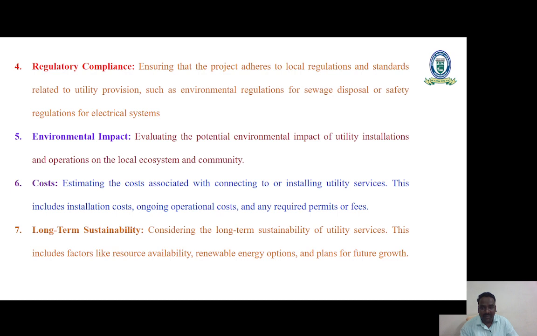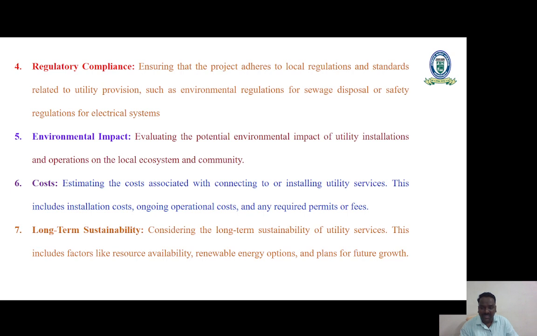Environmental impact. Evaluating the potential environmental impact of utility installations and operations on the local ecosystem and the community. Cost. Estimating the cost associated with connecting to or installing utility services. This includes the installation cost, ongoing operational cost, and required permits or fees.